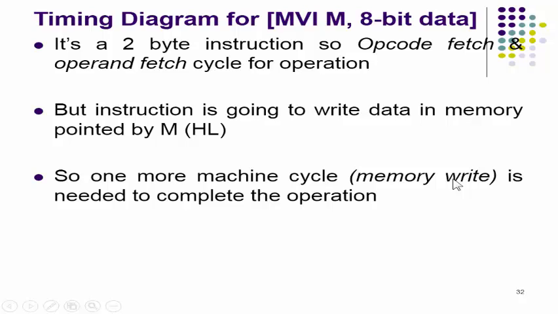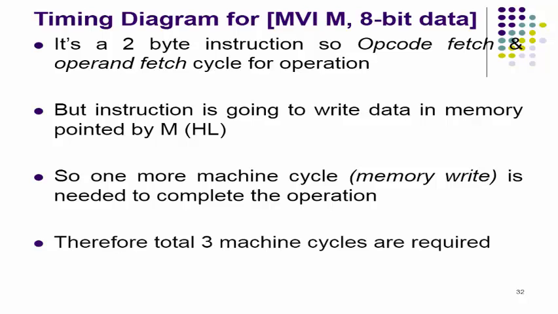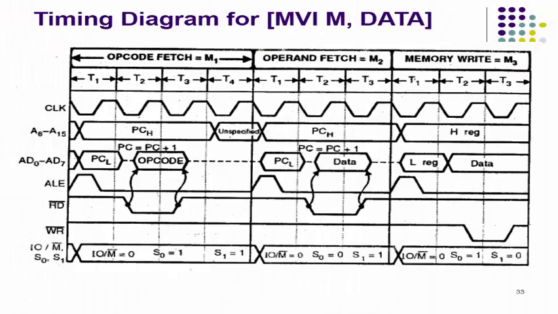So a memory write machine cycle is also required to perform the operation. So a total of 3 machine cycles get utilized during the execution of this particular instruction.